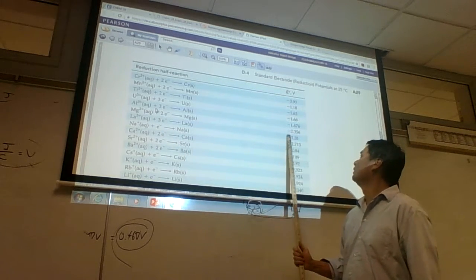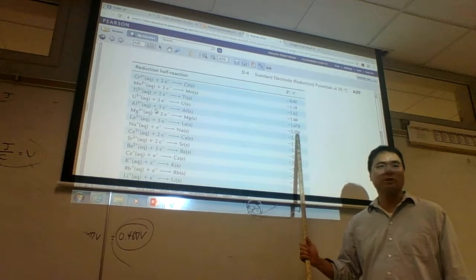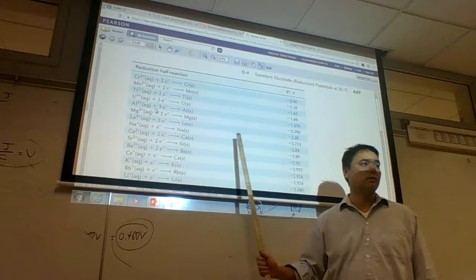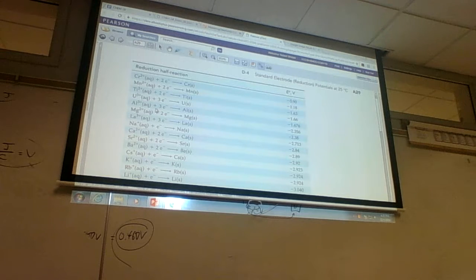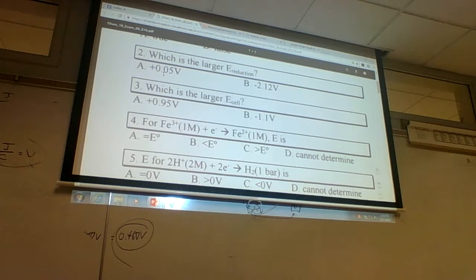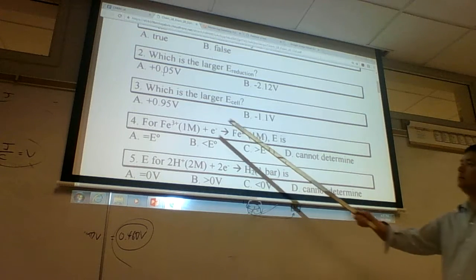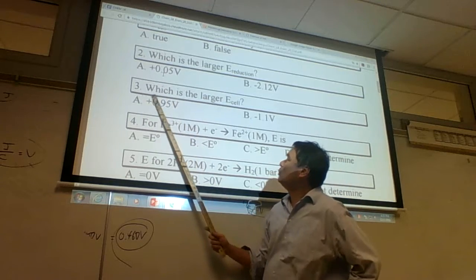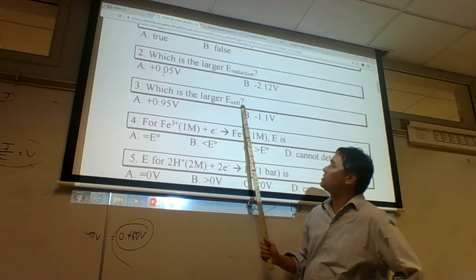Magnesium ion is 2.4 volts worse than H plus as an oxidizer. And so that's what that means there. And so the answer is A.